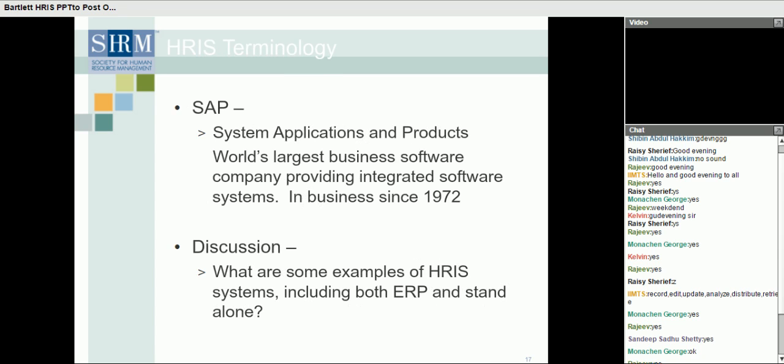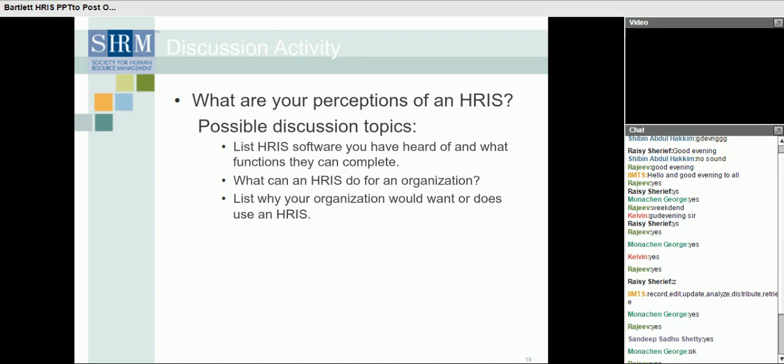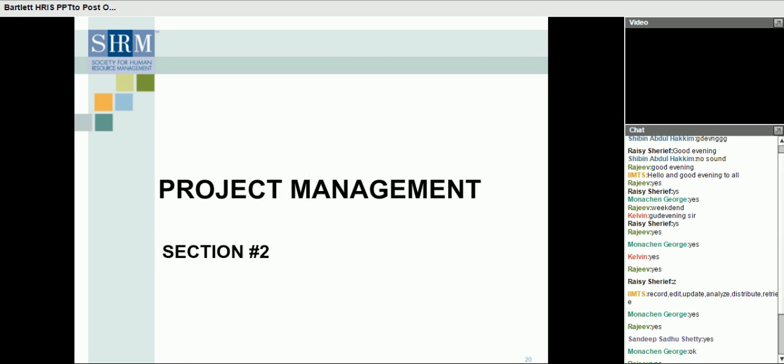So let's move ahead. Now comes the project management part.